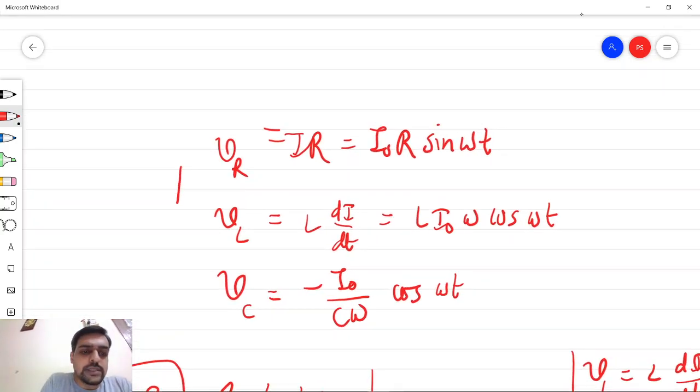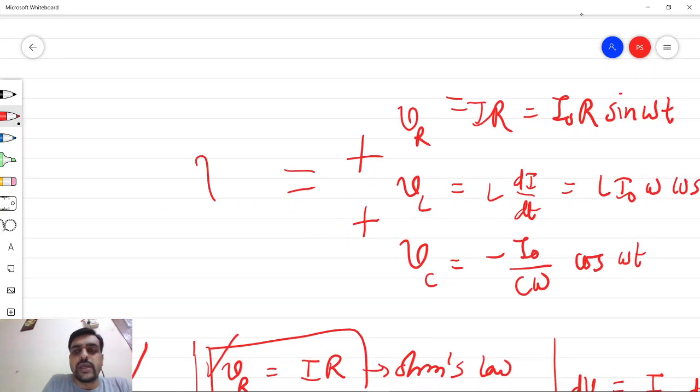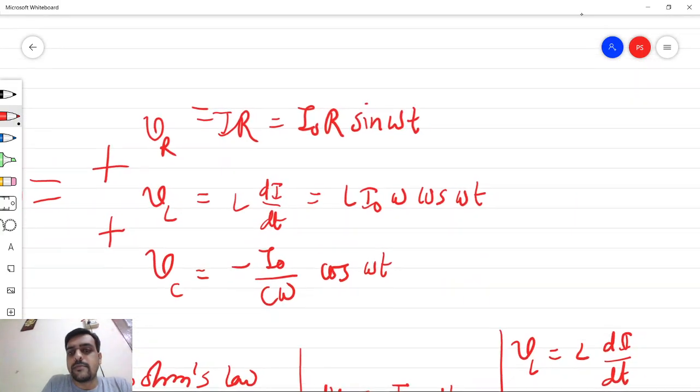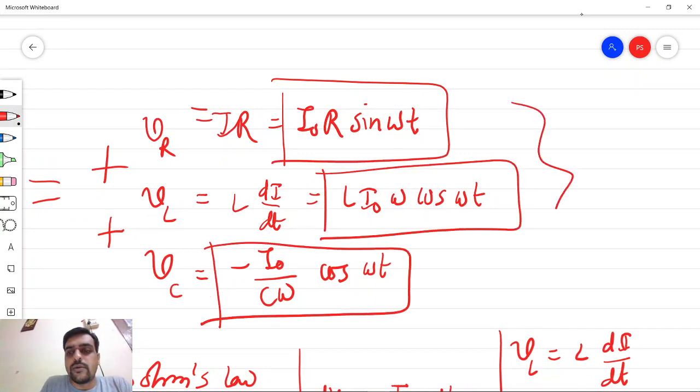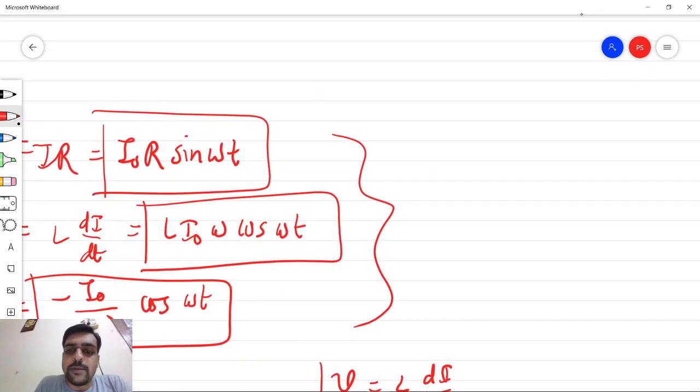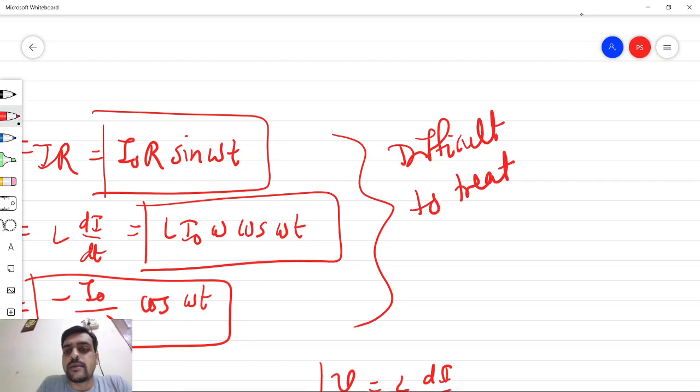Now these three add up to be equal to V. So the total voltage V is the sum of these three complicated quantities, and the overall problem becomes difficult to treat mathematically.